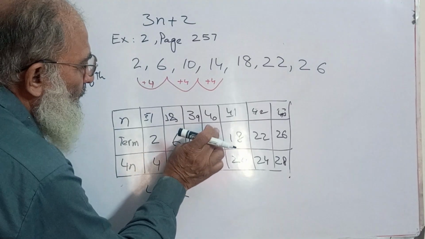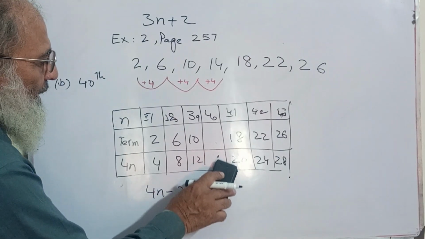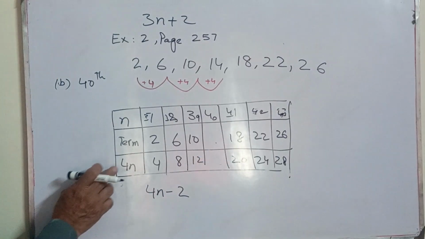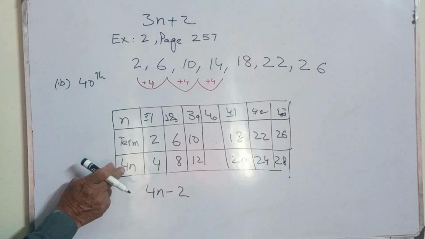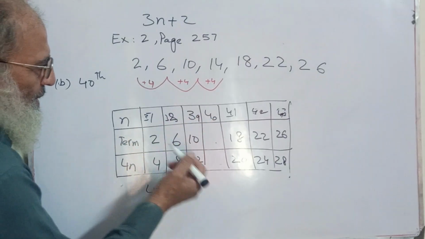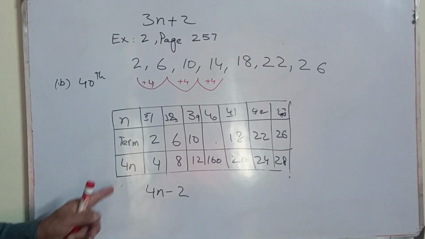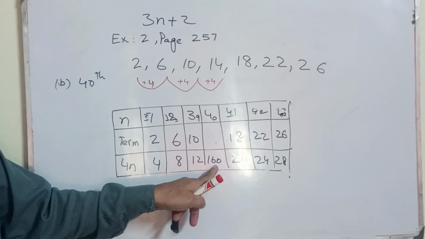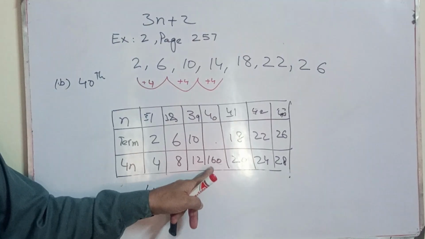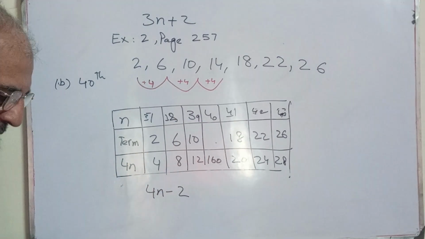I don't know what will be here, but I still know what will come over here. When we say 4n, it is 4 multiplied by 40, which is 160. It is 160 in the 40th column. Now this is 160.